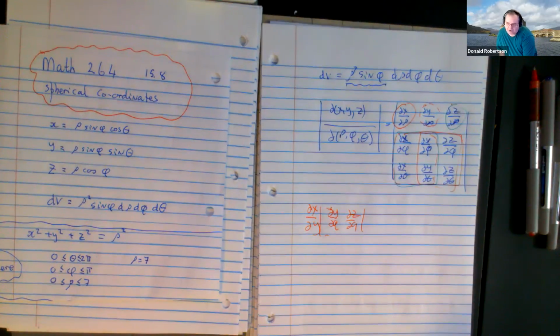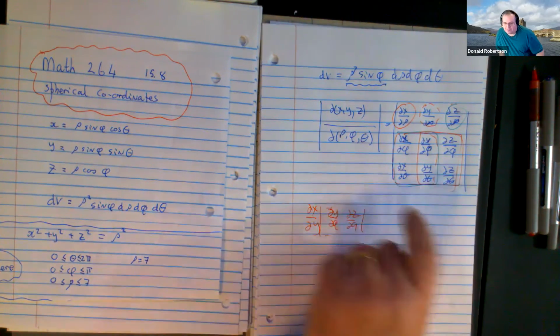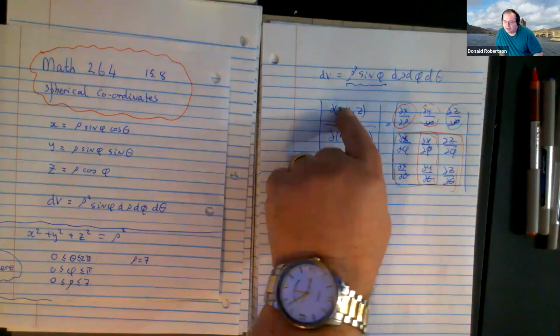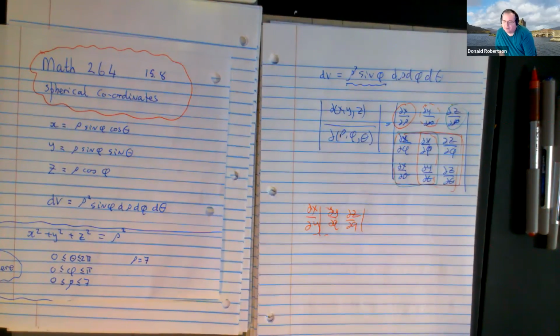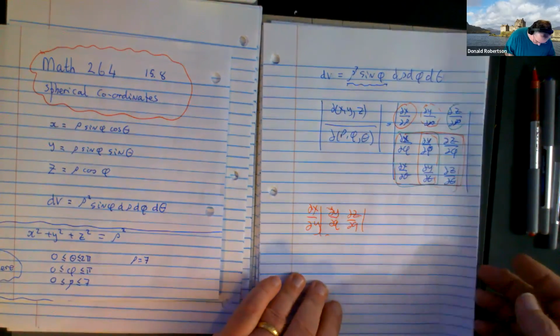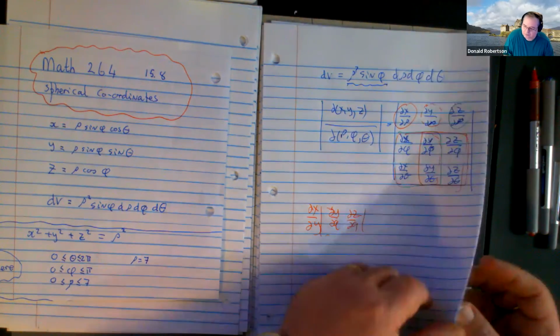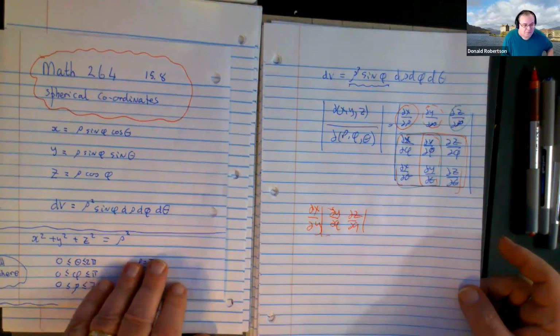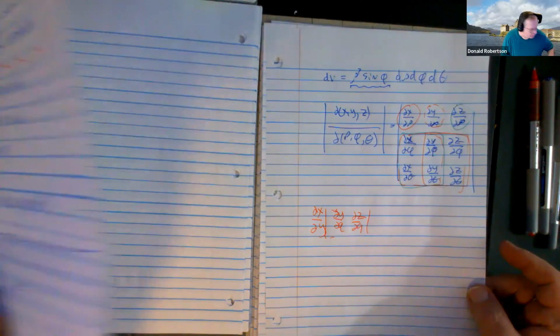If it's equal to 0, why is that bad news? Your 3x3 Jacobian ends up being the number 0. Why would that be bad news? I'll phrase it a different way.